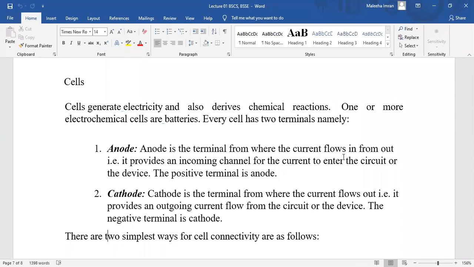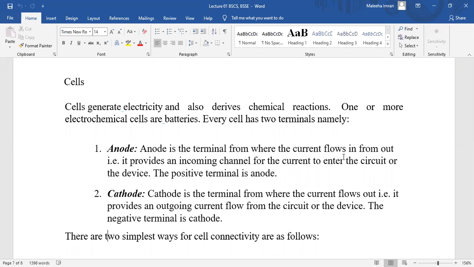Anode जो है that is also known as the positive terminal of the cell, and the cathode is the negative terminal of the cell. Or you know that by anode we mean the terminal from where the current flows out, that is, provides the outgoing channel. जबकि कैथोड में करंट जो है वो एंटर करता है. ठीक है.